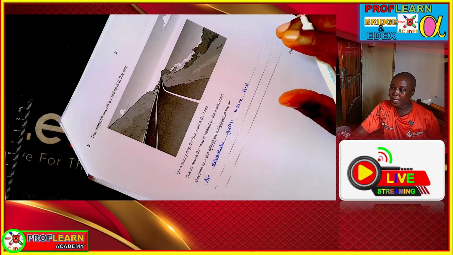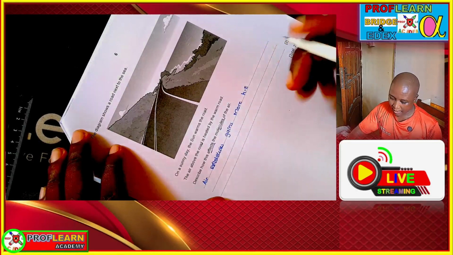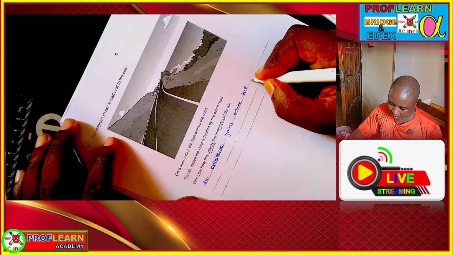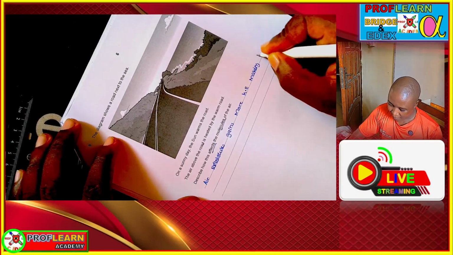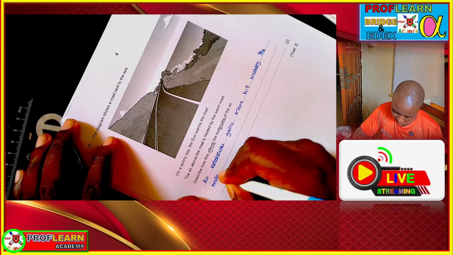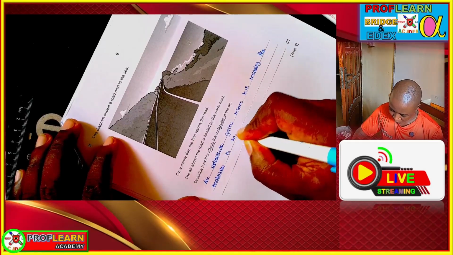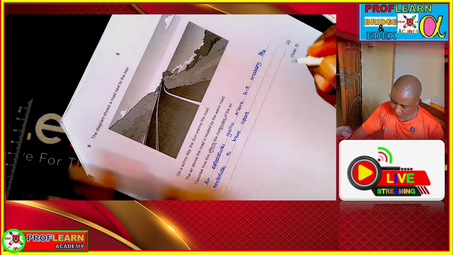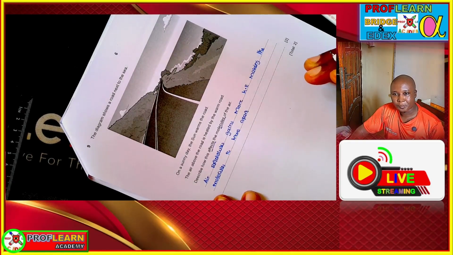So as temperature increases, the kinetic energy of air molecules is going to increase, and this will result in making the molecules move apart.